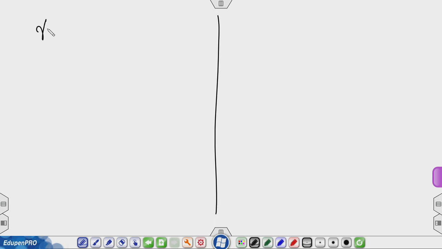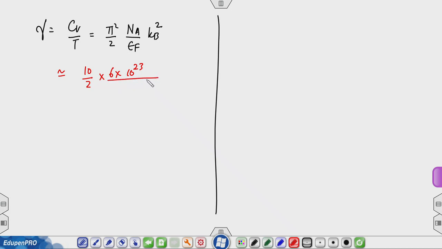I have gamma equals Cv over T, which is pi square over 2. Now, I am going to have an N Avogadro divided by epsilon F Kb square. And putting in our estimated numbers, this is roughly 10 over 2 times 6 times 10 raised to 23 divided by epsilon F. I will take of the order of 5 eV.